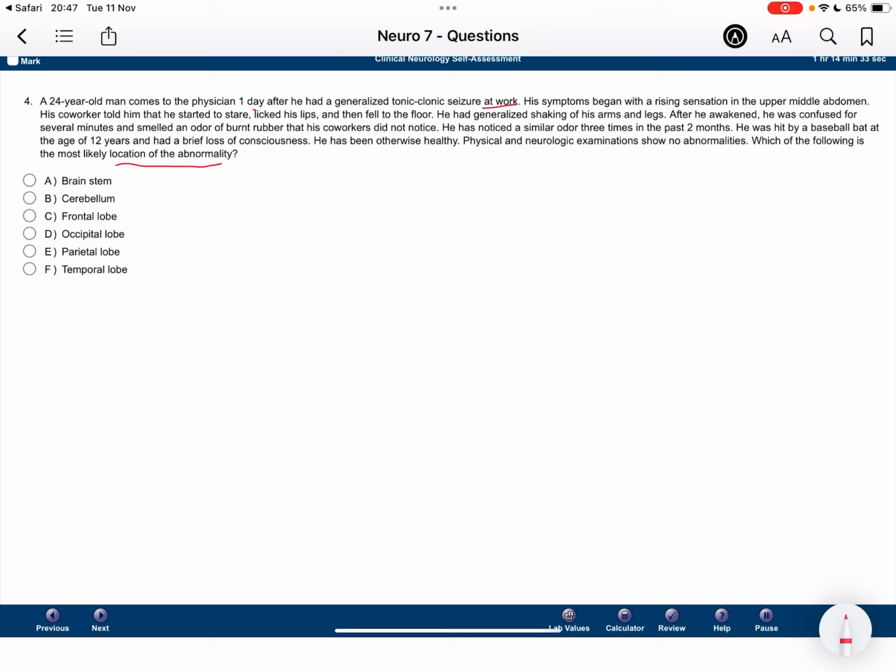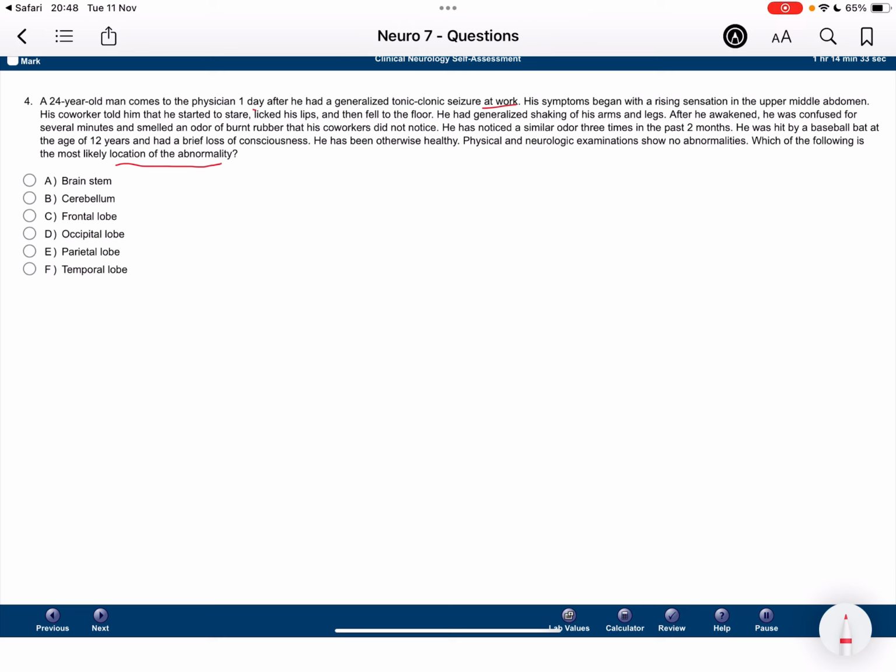His co-workers told him that he started to stare, licked his lips and then fell onto the floor. He had generalized shaking of his arms and legs.